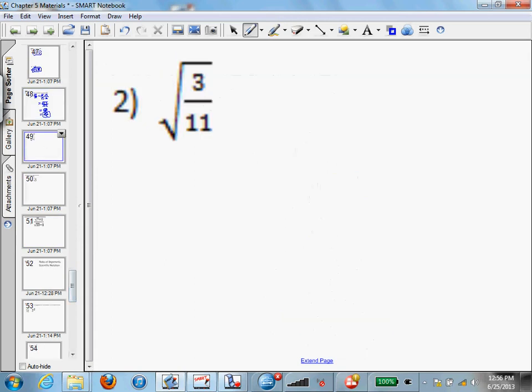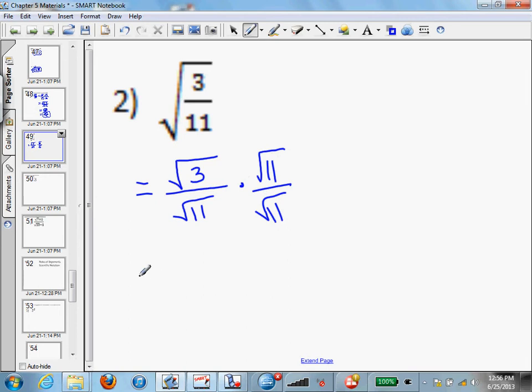Number 2, let's look at breaking this fraction down into its separate pieces of square root of 3 over square root of 11. Now let's multiply by the form of the denominator we're trying to get rid of, or 11, so we multiply it by the fraction square root of 11 over square root of 11.